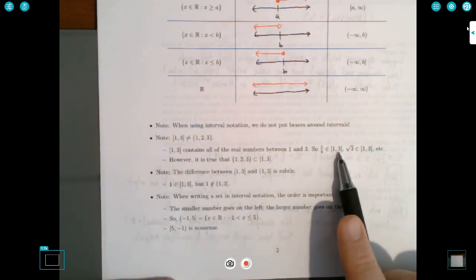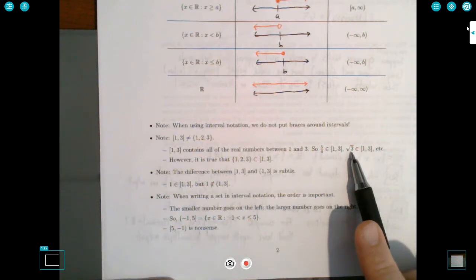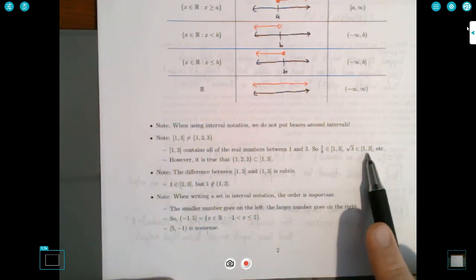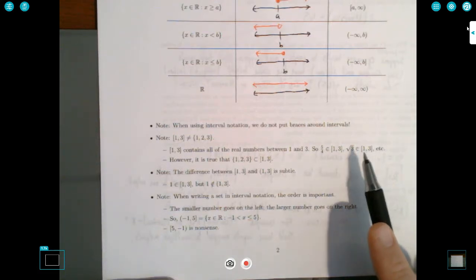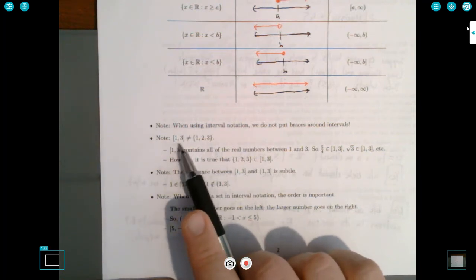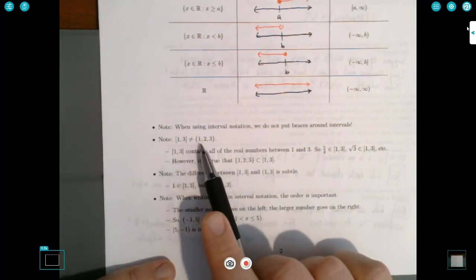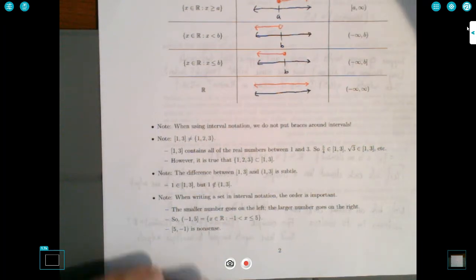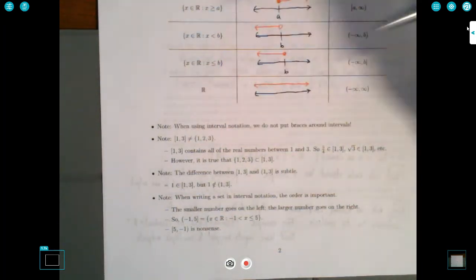And square root of 3 is also inside of this set. Square root of 3 is like 1.7 something, so it's also inside of this set. So the interval from 1 to 3 would have all of the real numbers in it between 1 and 3.